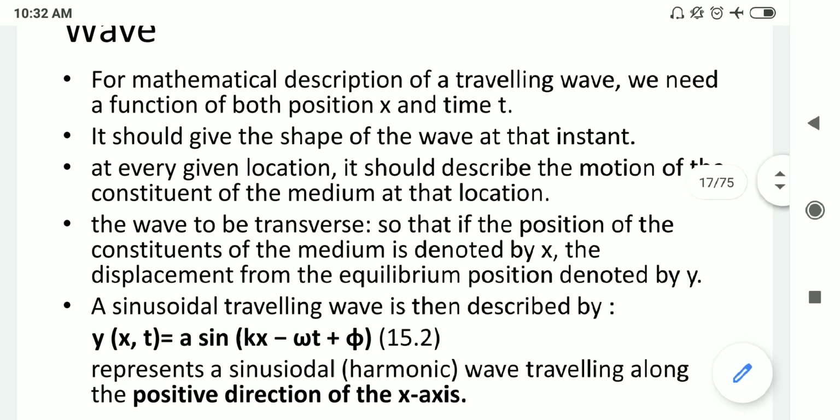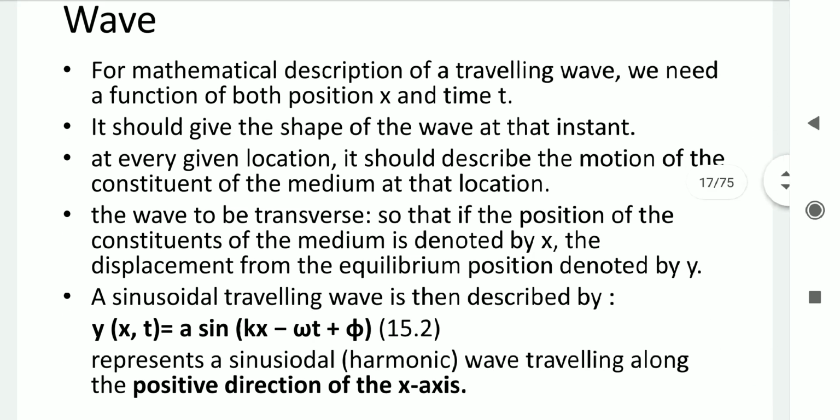So here, for the wave to be transverse, if the position of the constituents of the medium is denoted by x, then the displacement from the equilibrium position is denoted by y. So here we are taking position in the x direction and displacement in the y direction.